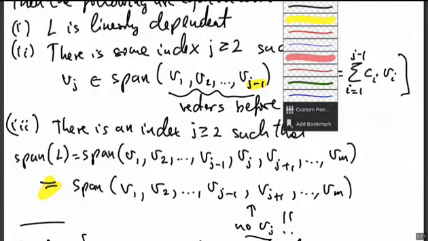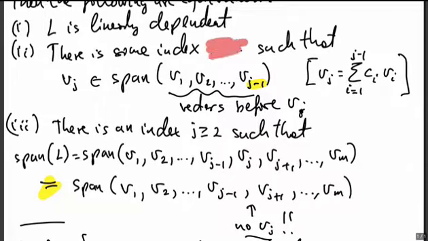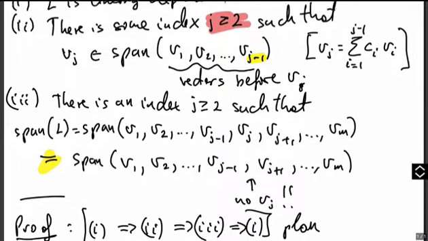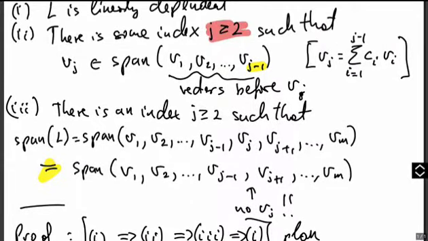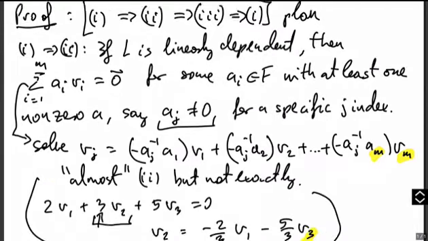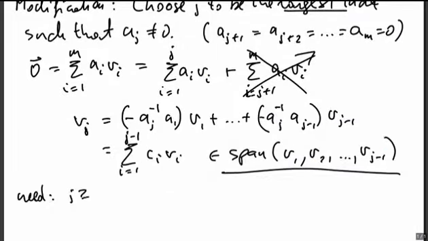Now the only thing missing is that this j is supposed to be larger than or equal to 2. So the question is, is it possible that j is not larger than or equal to 2, but j is 1? So we also need that j is greater than or equal to 2. This comes out from the fact that at least 2 a's must be non-zero.